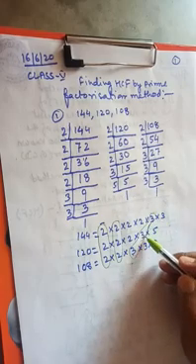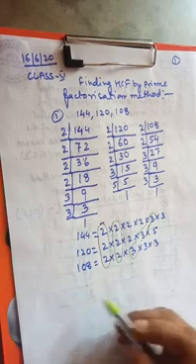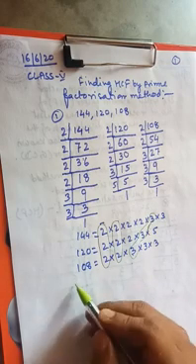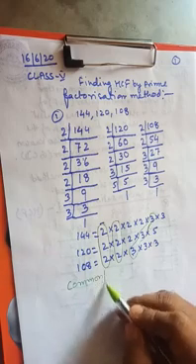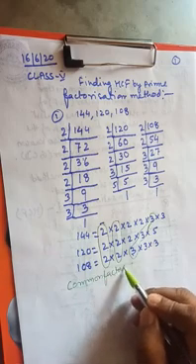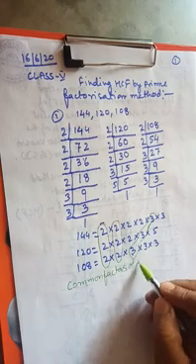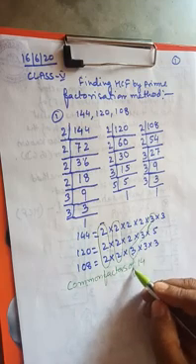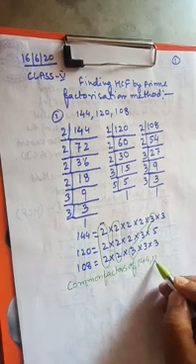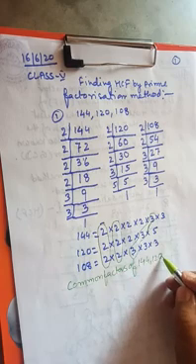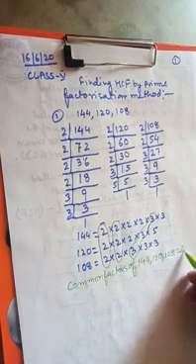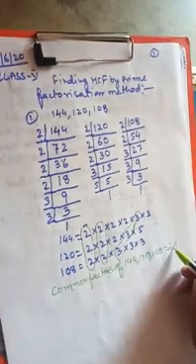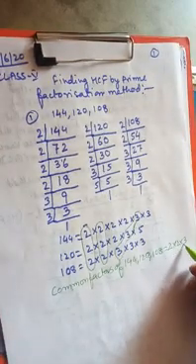Okay, now we will write the common factors of 144, 120 and 108, that is 2 multiplied by 2 multiplied by 3.